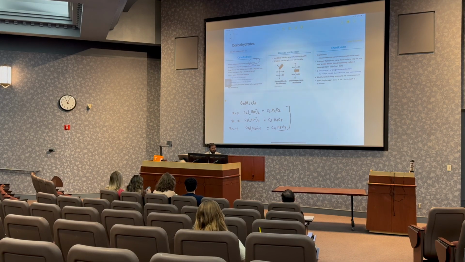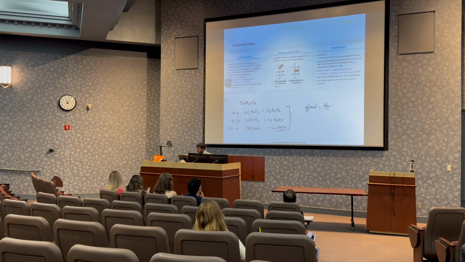Okay, this is how you can say all of them are carbohydrates, because they have a general formula of CnH2nOn. Okay, it has equal number of water molecules and equal number of CO2 molecules in it. Okay, and that's how you write general formula of any carbohydrate. Okay, it could be as small as 90 grams per mole. This is the molecular weight. Whenever you see anything in gram per mole, this is basically molecular weight, which is represented by MW.